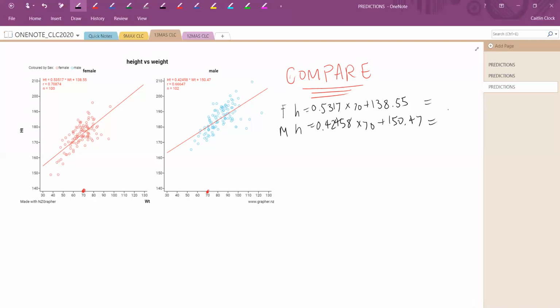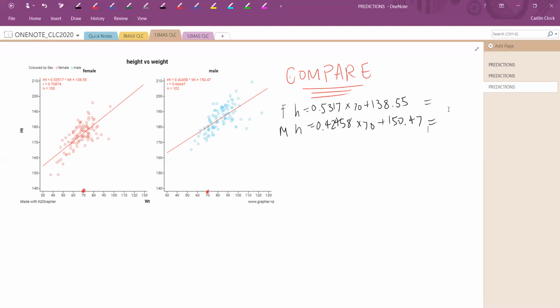So 0.5317, oops, and 0.42458 times 70 plus 150. Okay, wait a minute, I've done something wrong. Is that right? Nope. 0.42458 times 70.